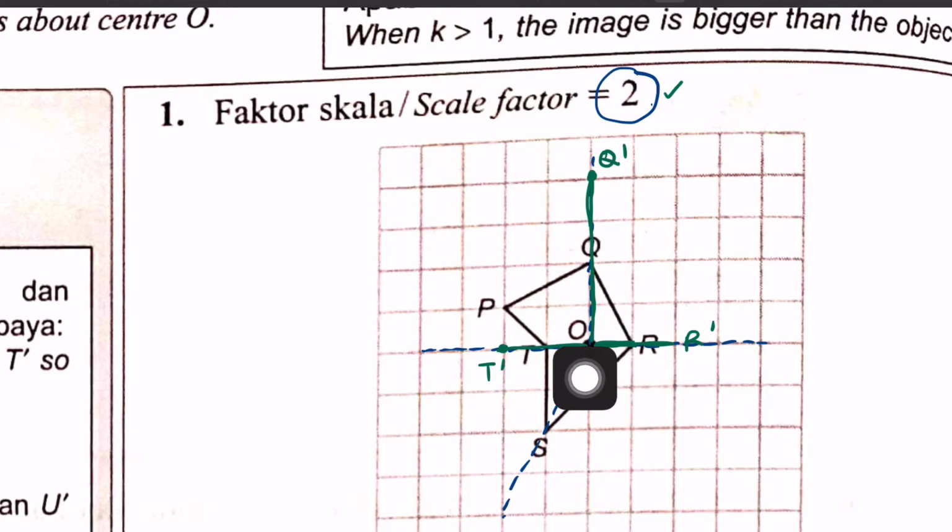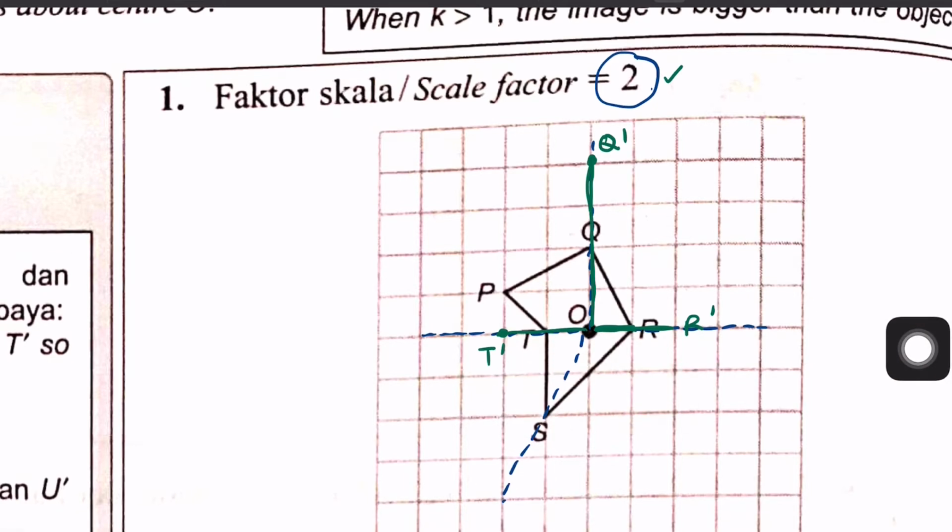Kalau yang lengkot-lengkot ni kita pakai segitiga lah, senang sebab pitch ni dia sengit kan. So sekarang tengok sini 1, 2, 1, betul. So kalau kita darab 2 dia akan jadi 1, 2, 3, 4. 1, 2. So sini kita punya S prime. Mana lagi?